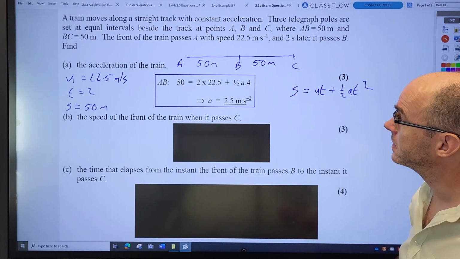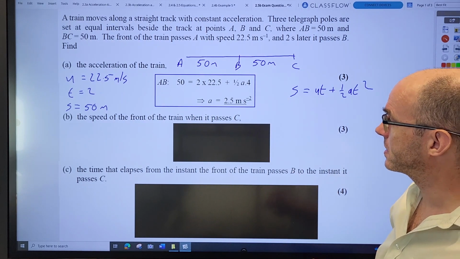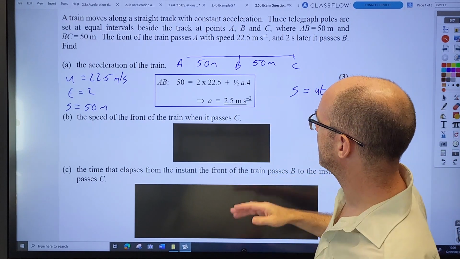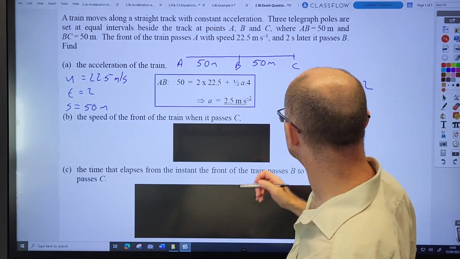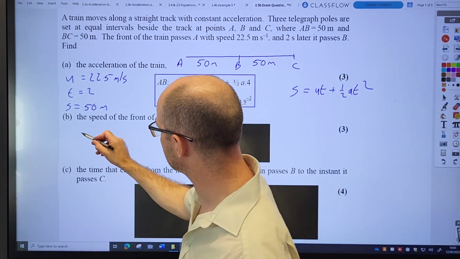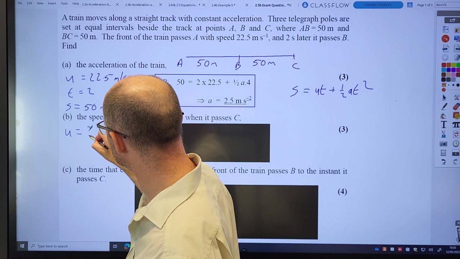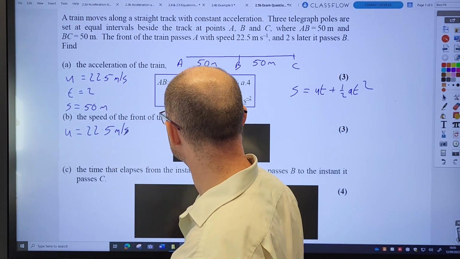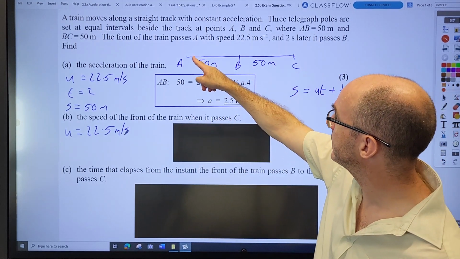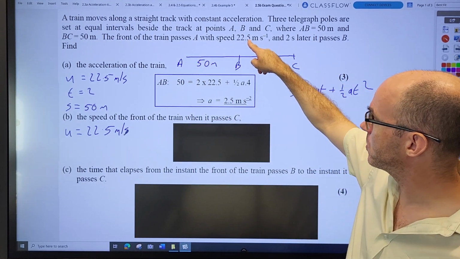When it passes C, this time we need to consider the motion from A to C. There's a reason why we're doing that. We'll write down the information. It's because we know more things that are going on starting from A. So for example, we know at point A, it passes at 22.5 metres per second.